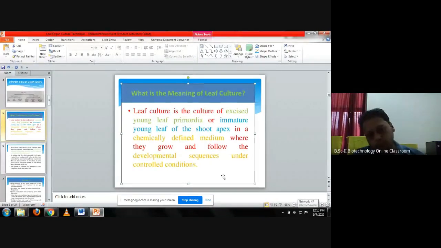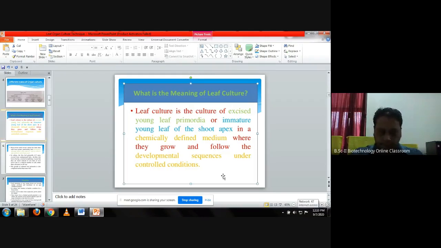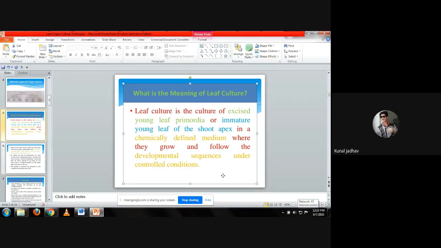If you put all this media, everything, and keep the inoculated test tubes or petriplates in a dark place, with no light given, there will be no development of shoot. So controlled conditions are very important: temperature, pH, light, all these are controlled conditions.